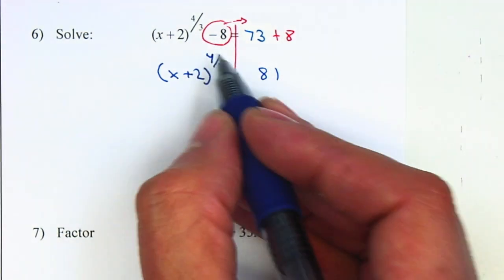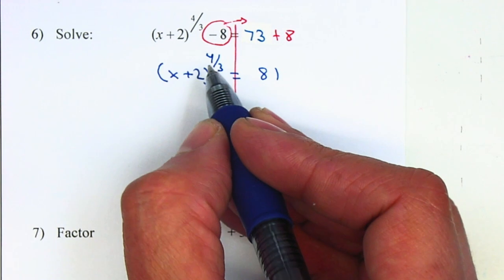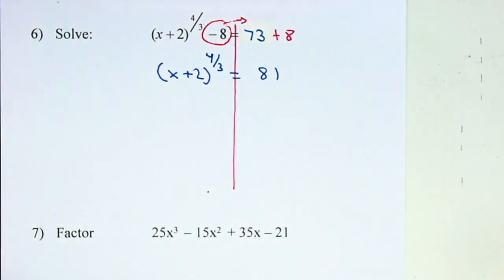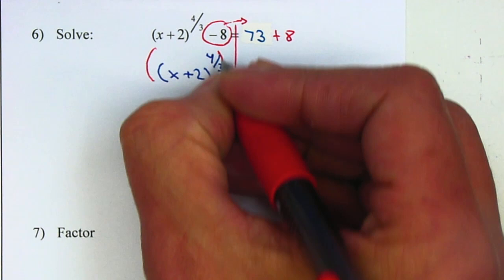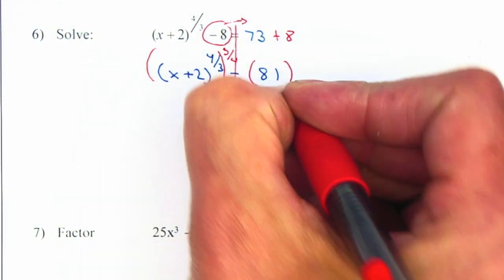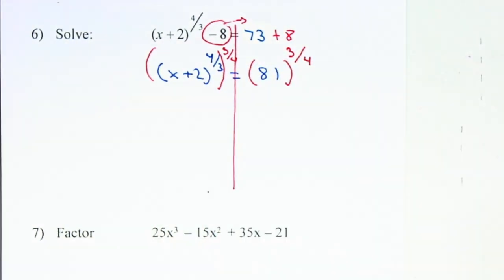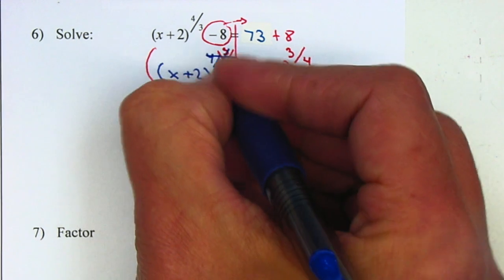Now I want to get rid of the exponents. Now the exponent is a fraction, so I'm going to have to raise it to the power of the inverse. So I'm going to raise it to the power of 3 over 4. And what I do on one side, I need to do to the other side, raise it to the power of 3 over 4. This will cancel.